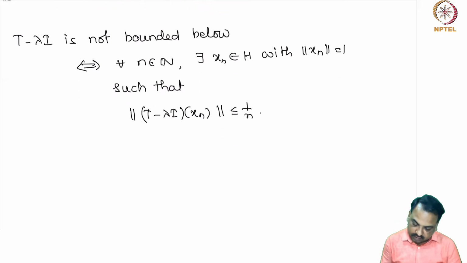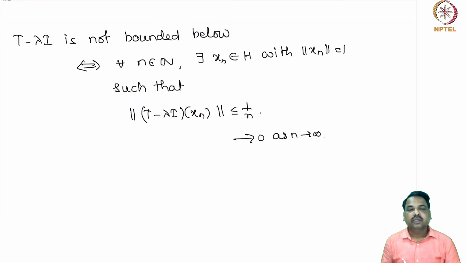So that means we get a sequence of unit vectors so that T minus lambda I acting on xn goes to 0. So this is an equivalent condition for lambda in the approximate point spectrum of T.